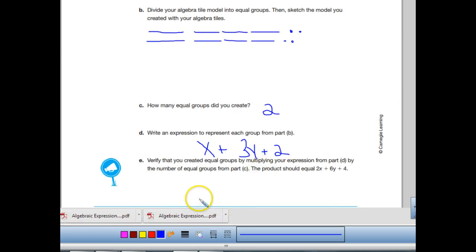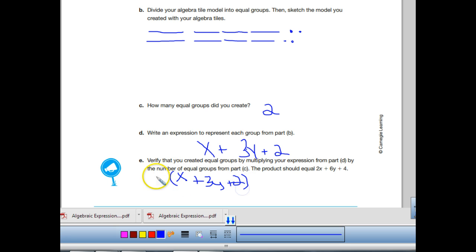Verify that you created equal groups by multiplying your expression from part D by the number of equal groups from part C. Okay, so it's x plus 3y, and I had plus 2, and then I had 2 of those groups, right?